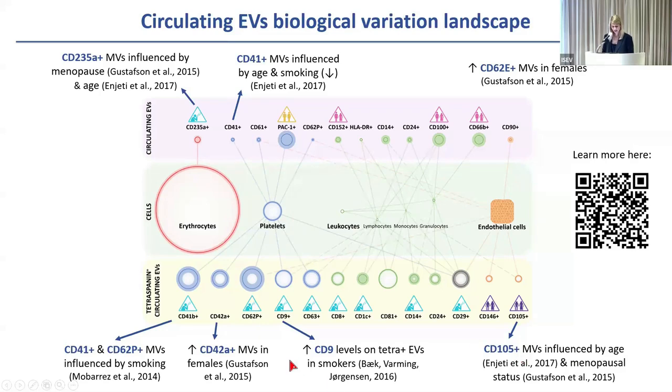But there were also other studies showing that CD42A positive MV concentrations are larger in females, or that CD235A positive EVs, so these erythrocyte EVs, are influenced by menopause and age. Another study showed that CD41 positive MVs are influenced by age and smoking, and another one talked about CD62E positive EVs in females, and how, again, sex is a source of variation in these concentrations.